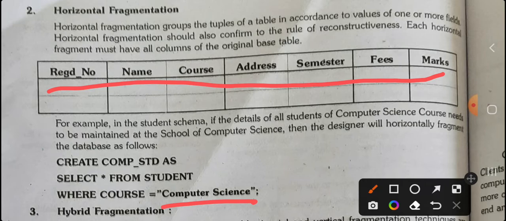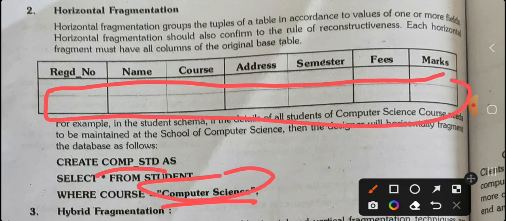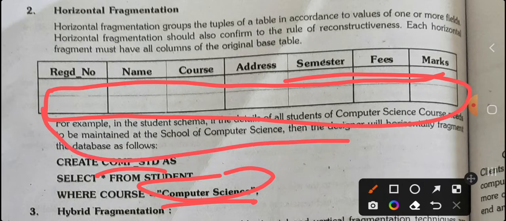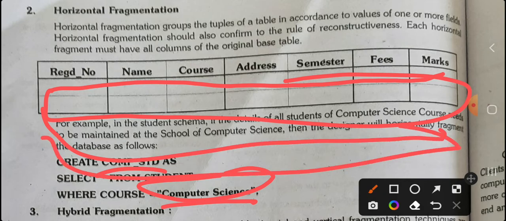The remaining details stay in the original table, but we create one more table for computer science. That means we select rows of information, we don't divide the columns. In the previous one we divided the columns, but in this one we divide the rows. The rows having computer science as the course are selected, and the remaining ones are maintained as a separate table. Like that we fragment them into horizontal fragmentation.